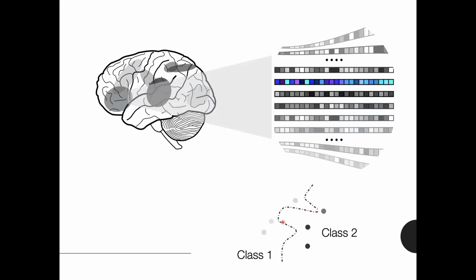A kind of partition or split that will classify any pattern of activity into one of the two classes. So once we have built these decoders from activity patterns in the brain, once we learn this threshold or boundary between the two conditions, then we can take any new activity pattern and classify it into one of the two classes.